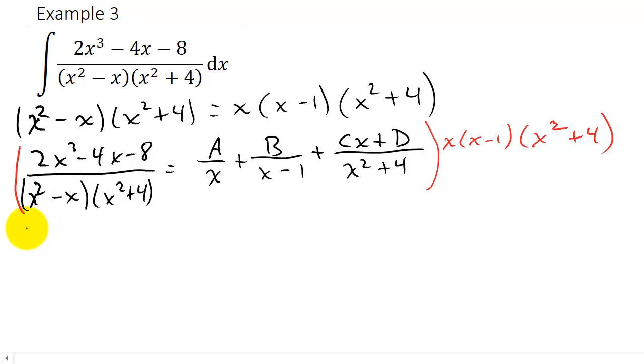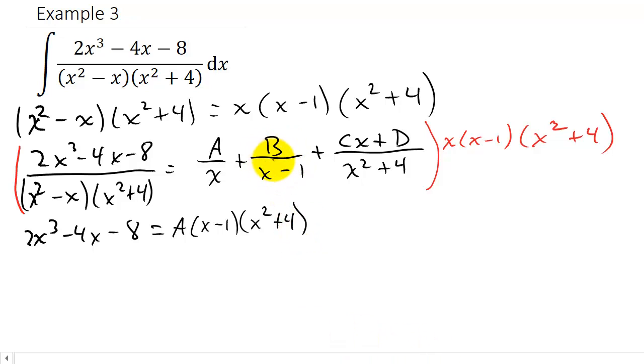So I'm left with 2x cubed minus 4x minus 8. And then when I multiply this term by the common denominator, the x's cancel out, and I'm left with x minus 1 times x squared plus 4. So that's a times x minus 1 times x squared plus 4.